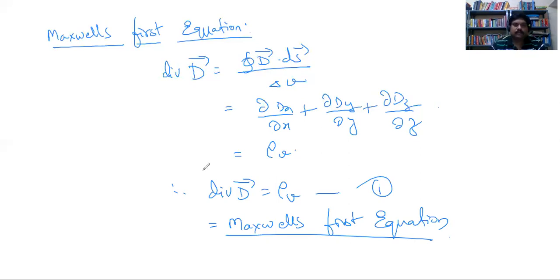So this equation, which we had written as corollary for the previous derivation, we call Maxwell's first equation. If you find out the divergence of the flux density, you can know what is the volume charge density in that space. Very interesting.